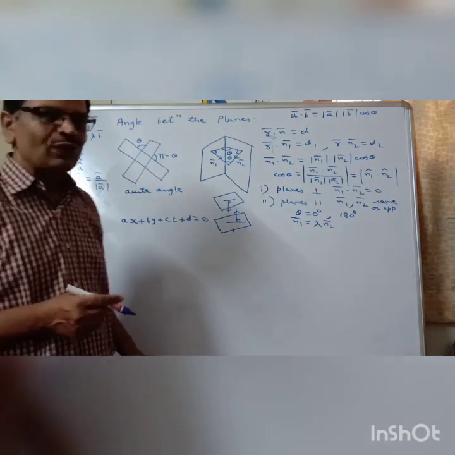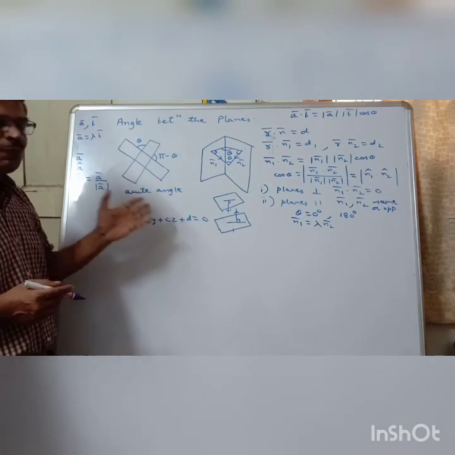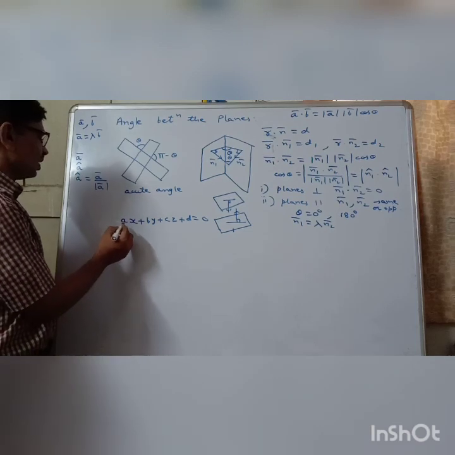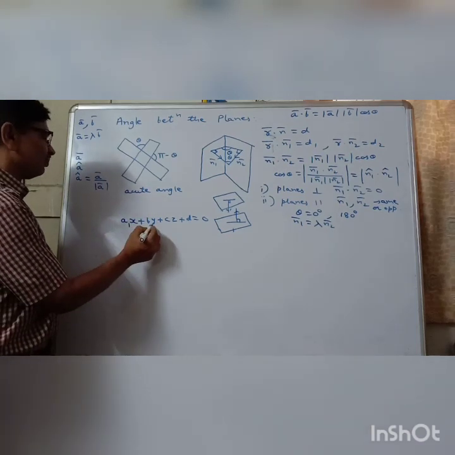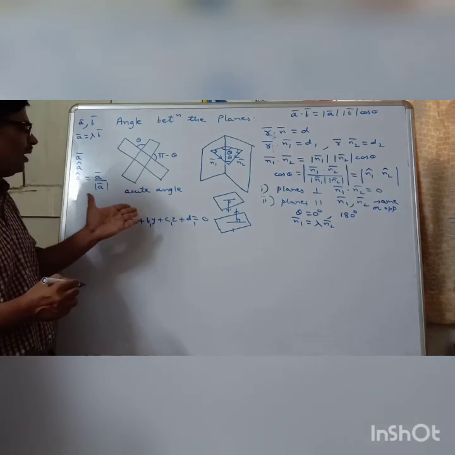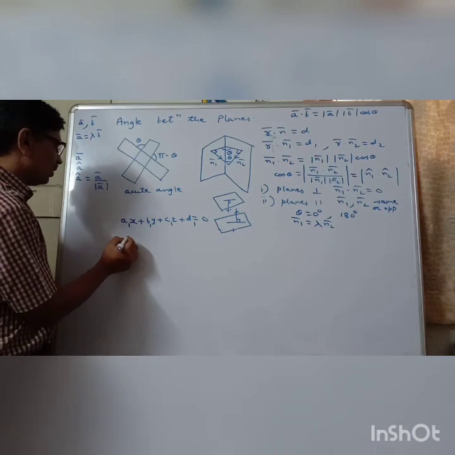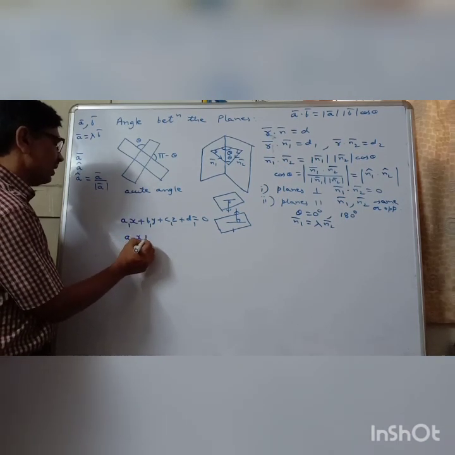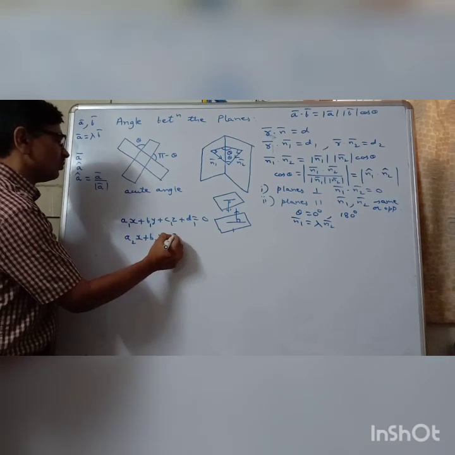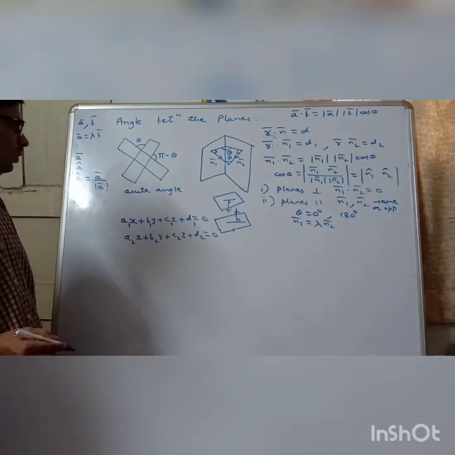Coefficients of x, y, z are nothing but direction ratios of the normal to the plane. Now here there are two planes. To distinguish between them, we shall take coefficients a1, b1, c1, d1 for the first plane. Equation of the other plane: a2x plus b2y plus c2z plus d2 equal to 0.